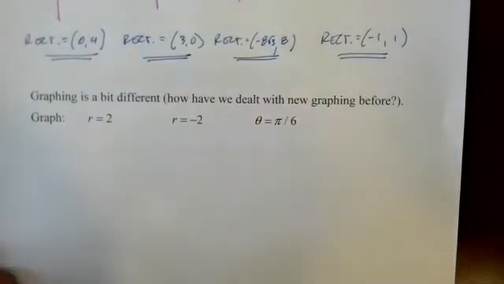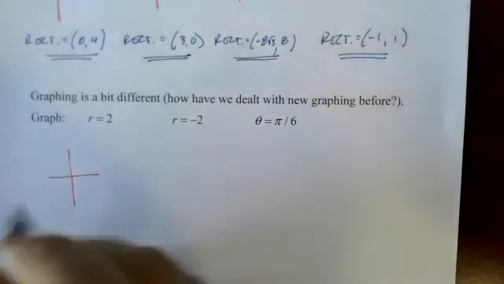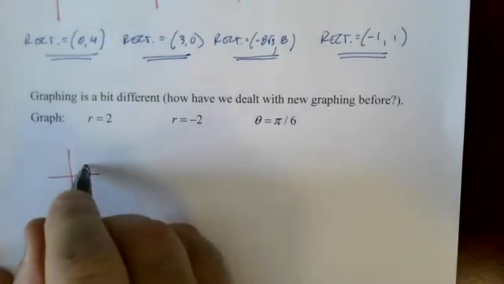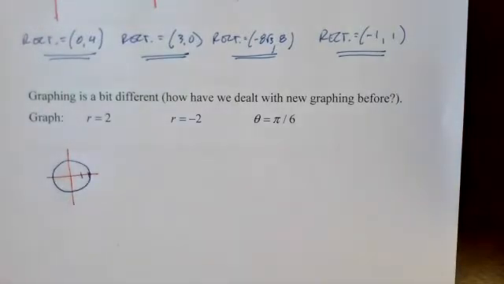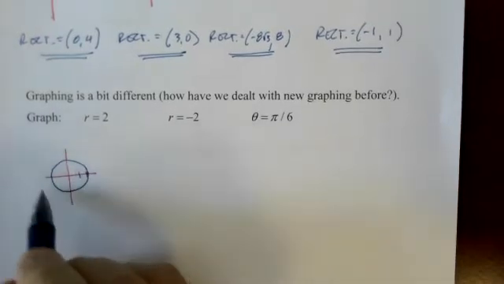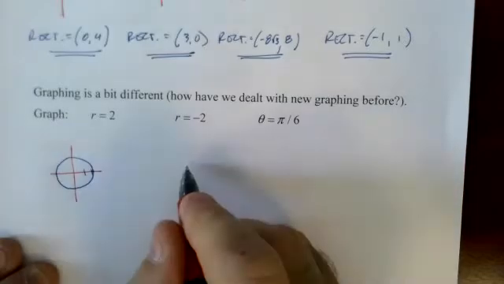Graphing is a bit different, to put it very, very, very mildly. So r equals 2. Go out to 2, and we make a circle. Now, this is different than parametric, even though I said they're like parametric, in that we don't have a starting point or an ending point. You could technically say this is where it starts and it keeps going over and over on itself, but that's not the way we look at it.